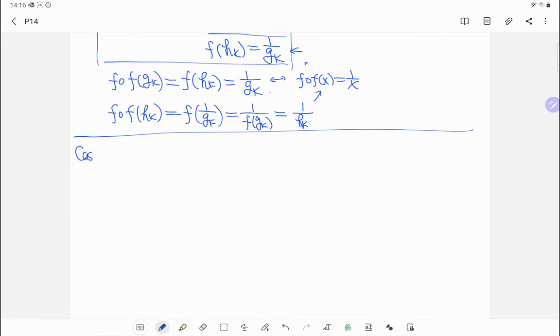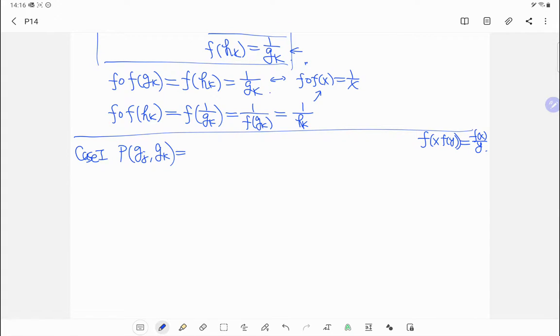For case number 1, we pick gj and gk, to see whether it satisfies f of x times f of y equals f of x over y, like this.